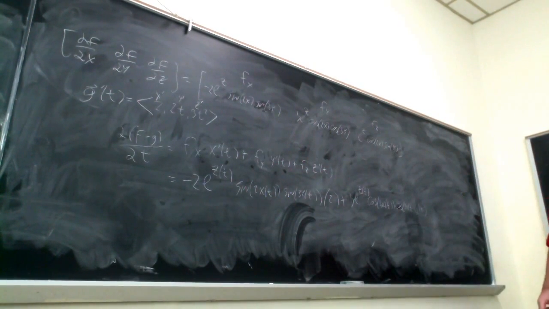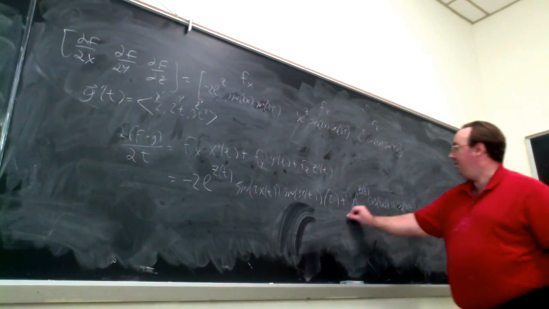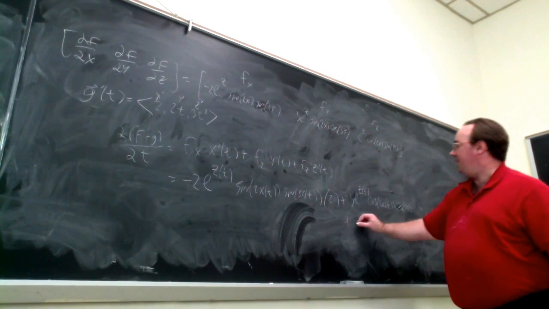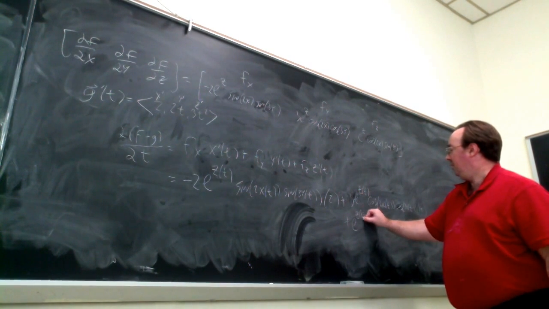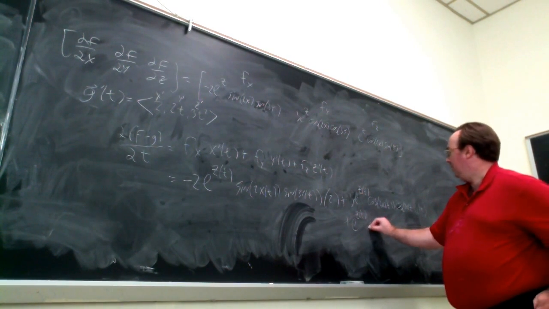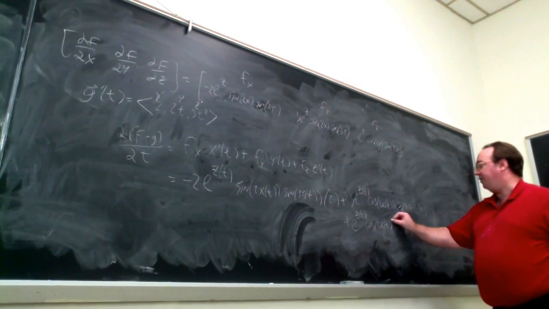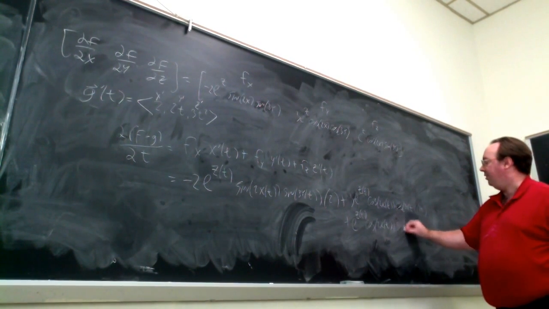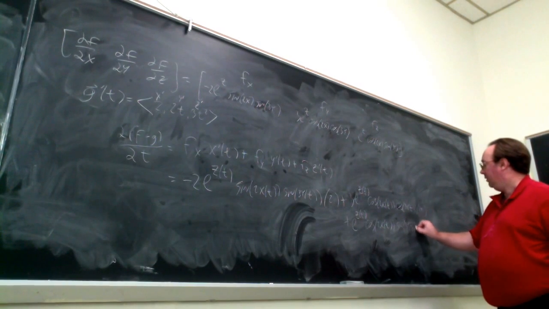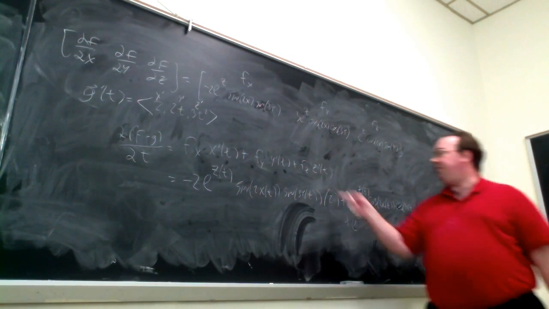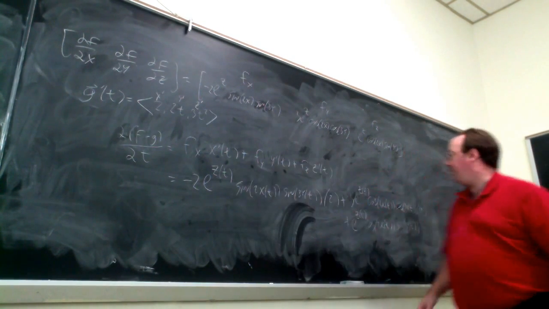Okay. Plus dz dt, and I just plug in x of t, y of t, z of t throughout. And then we need dz dt, which is 3t squared.